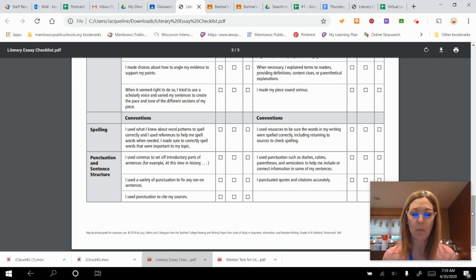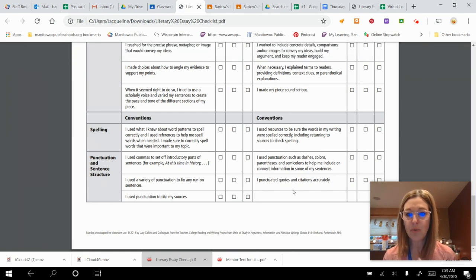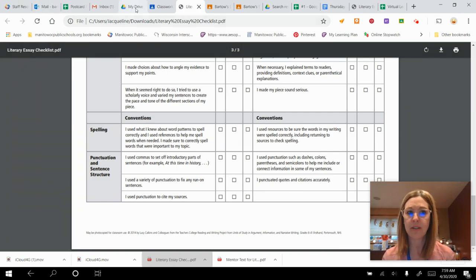And anytime that you feel it's a final draft, I would actually like you to change what you have called your rough draft, and I want you to title it Final Draft of Literary Essay on Squeaky.